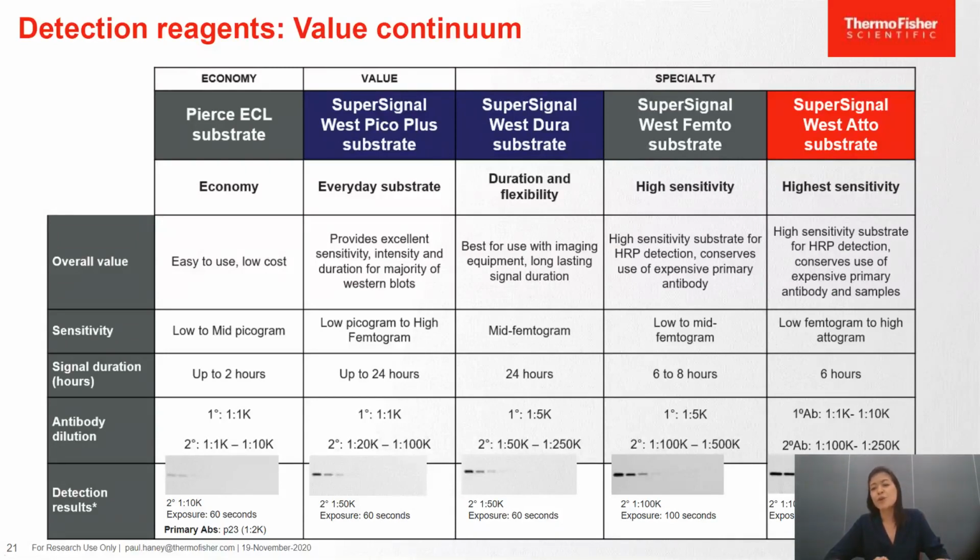At the mid-range, we have SuperSignal West Dura, which provides long-lasting signal duration and more flexibility for both high and low abundance targets. For high sensitivity, we have SuperSignal West Femto, and our latest addition to the range is our SuperSignal West Atto substrate, which gives you a higher signal-to-noise ratio.